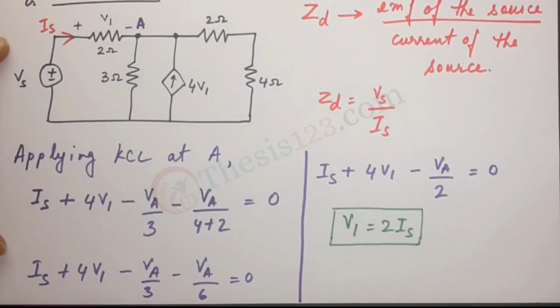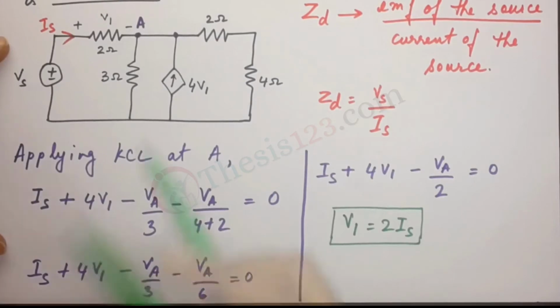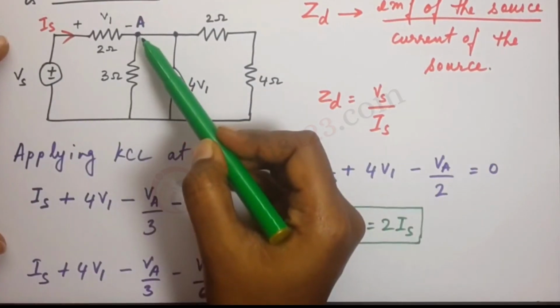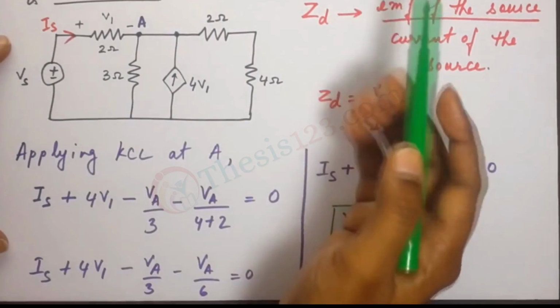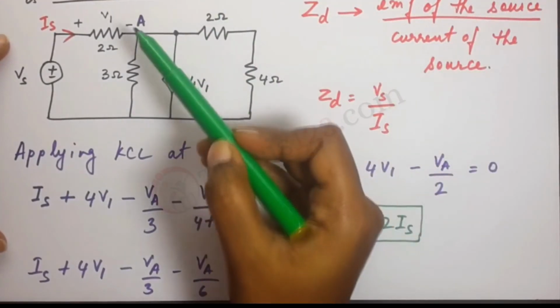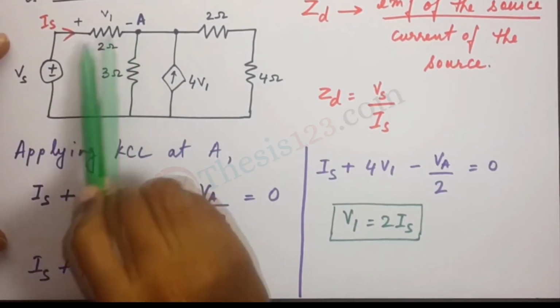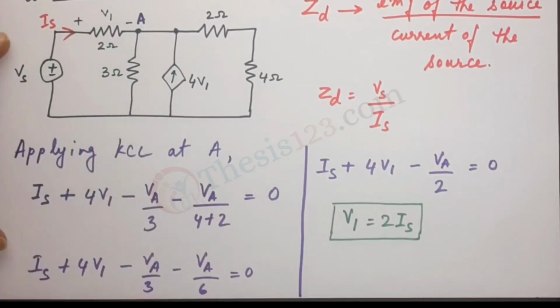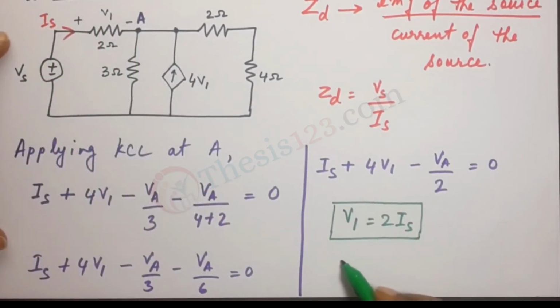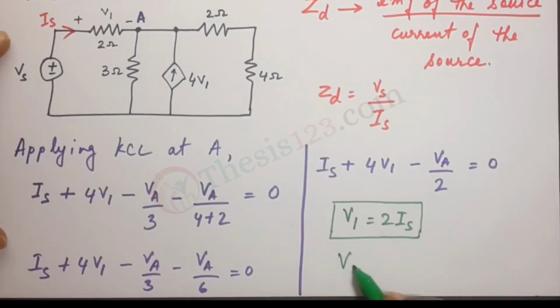Let's look at just the voltages. So we have VA is equal to Vs minus V1, if we look at just this portion over here. So that gives us our second relation.